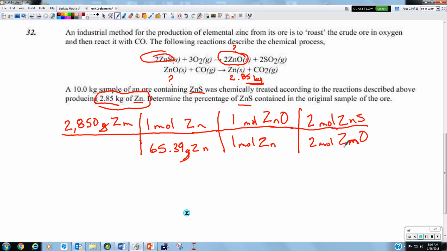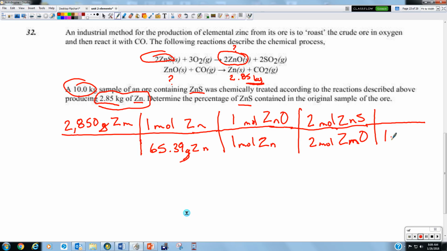Since it's a 2 to 2 ratio, it cancels itself out, but I want you to see why this factor works. Then we need to get back to grams because we're going to compare this answer to this 10 kilogram sample and see what our efficiency was.